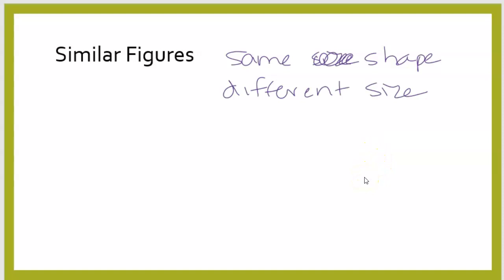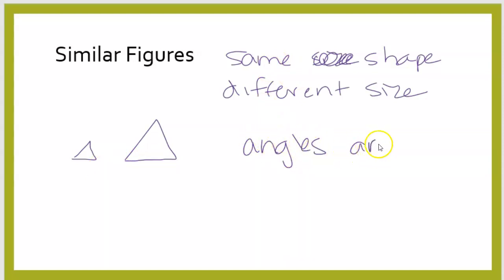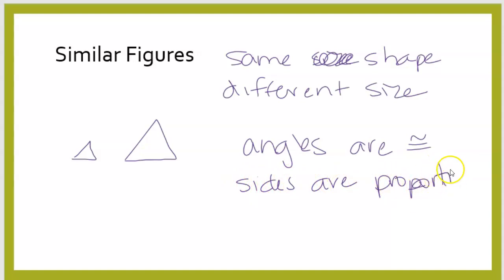It was the same exact shape, but it was a different size. So you might have a small triangle and a big triangle. And we know that they're similar if the angles are equal, or congruent, and the sides are proportional. This is a review from a previous lesson.